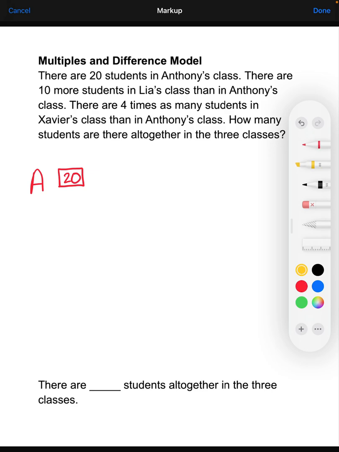Now we're looking at Leah's class, and there are 10 more students in Leah's class than in Anthony's class. So I'm going to be comparing Leah's class to Anthony's class. I'm going to pick a different color, and I'm going to use L for Leah.